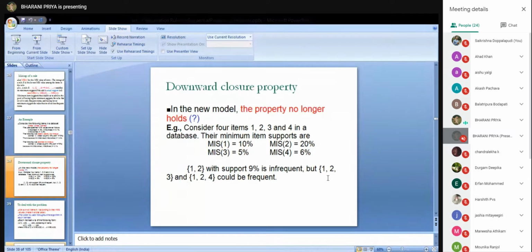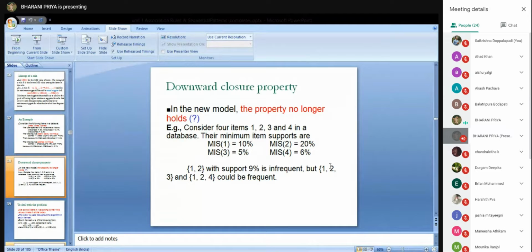Others are not answering. I'll repeat. Items 1 and 2 have a support of 9%. What is the minimum of MIS of 1 and MIS of 2? It is 10%. The actual support should be greater than the minimum support, but here the minimum of the MIS values is greater than the actual support. So you cannot consider 1 and 2.